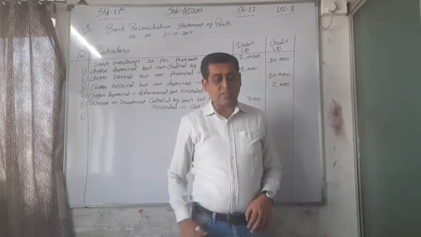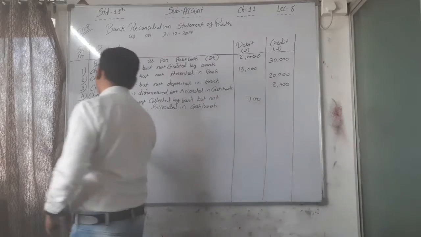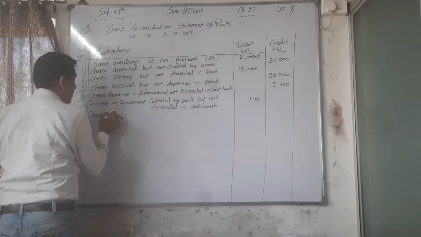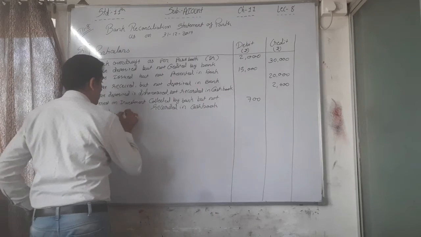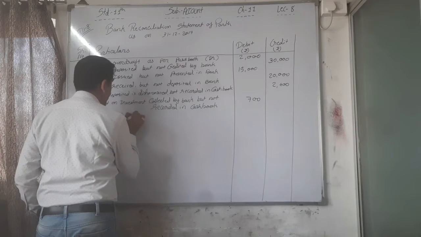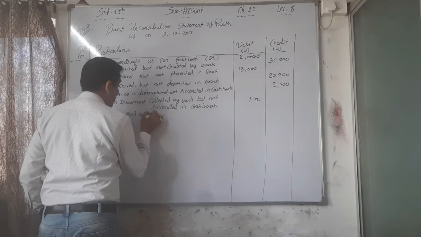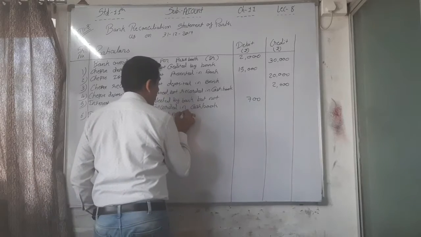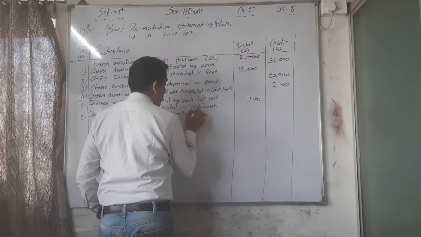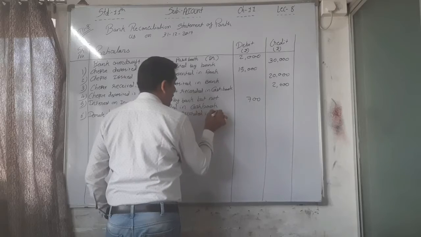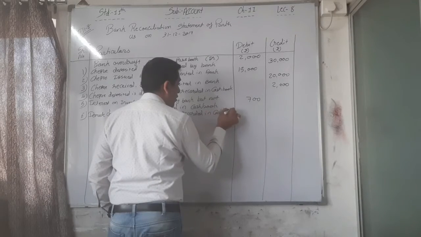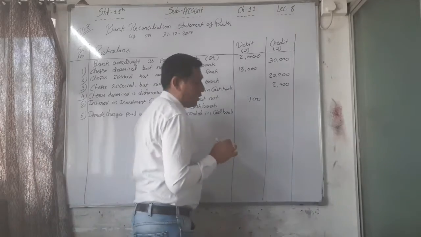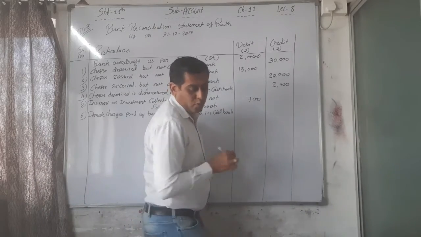That is, demat charges paid by bank but not recorded in cash book. Bank debits that charge, we have to credit it. The amount is 400.